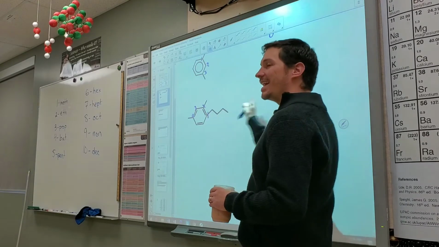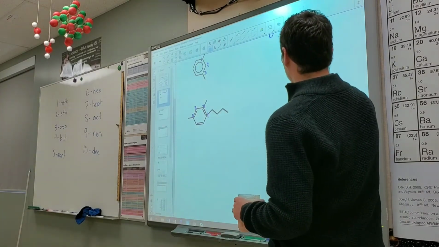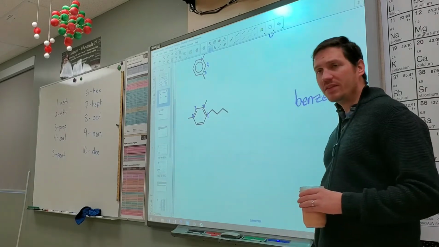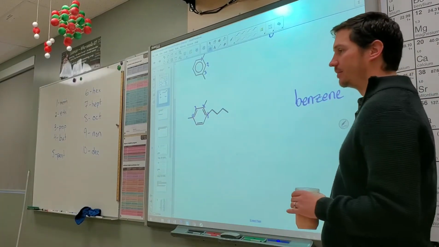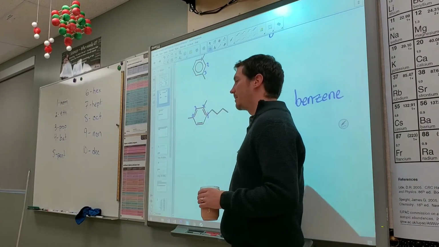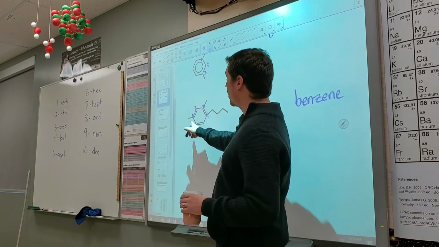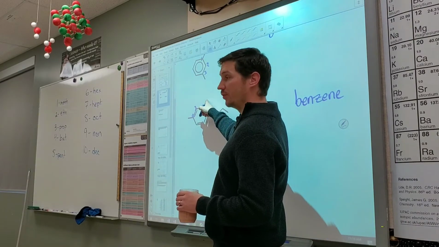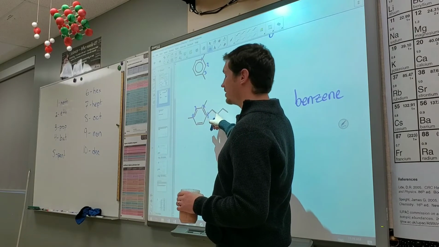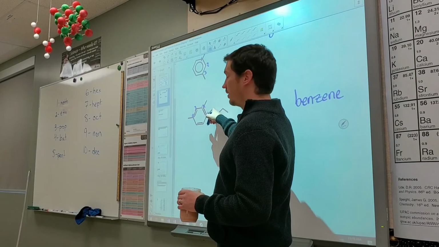What's this thing going to end in? Benzene. And what types of branches do I have on here? A butane. So I've got a couple different methyl groups, and how big is this chain here? 4. That's 4.